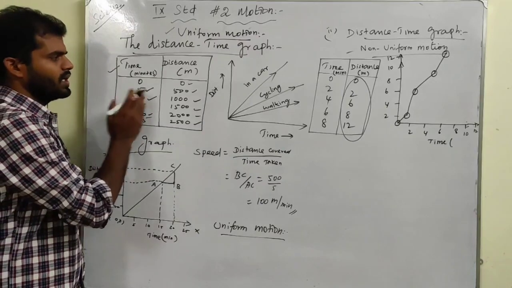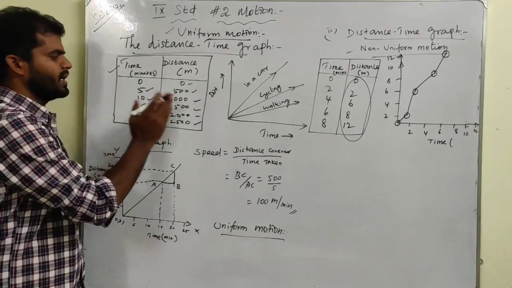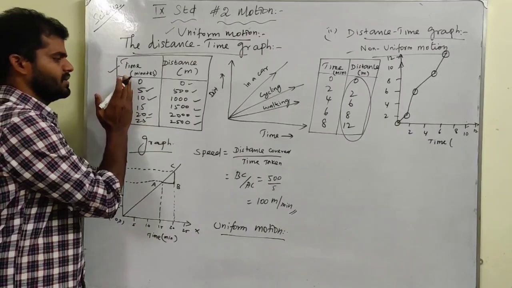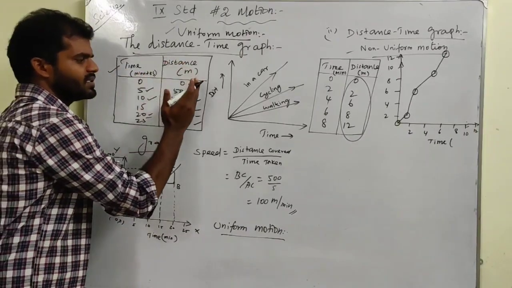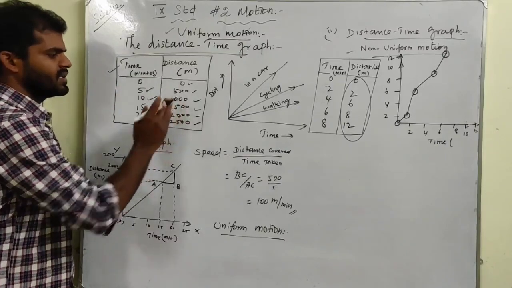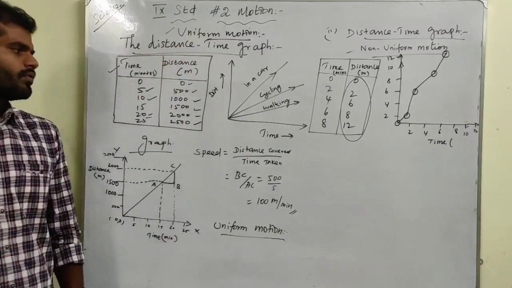When you look at the readings, we can easily find that equal distance is covered in equal time intervals, correct? So equal distance in equal intervals of time is called uniform motion.